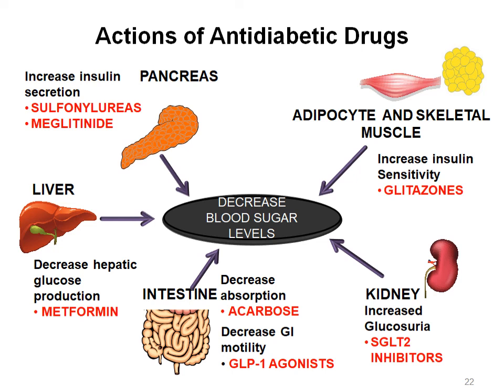Also, they may act on adipose tissue or skeletal muscle to increase insulin sensitivity, like the thiazolidinediones. On the kidney, this group of drugs may increase the excretion of glucose by the kidney.